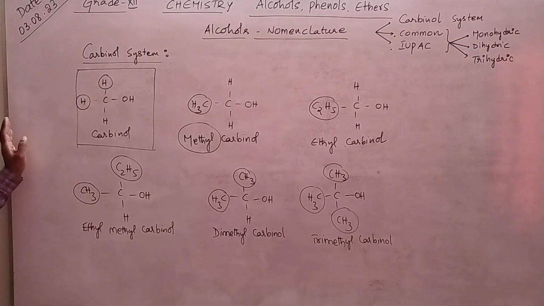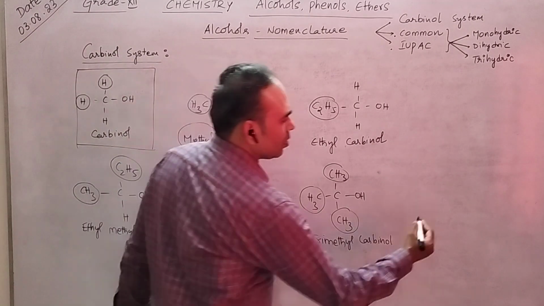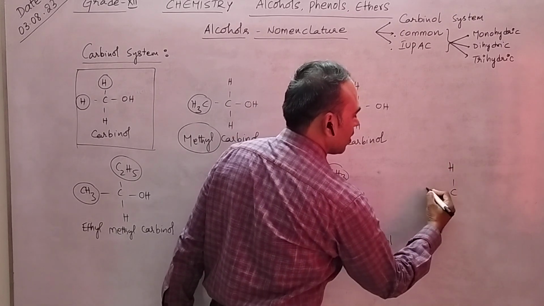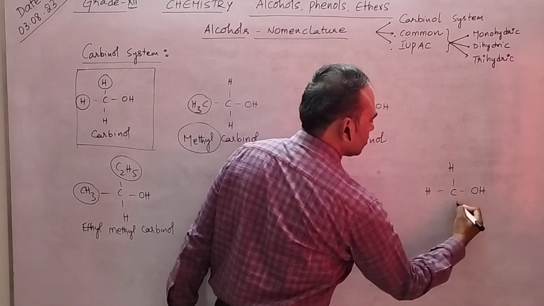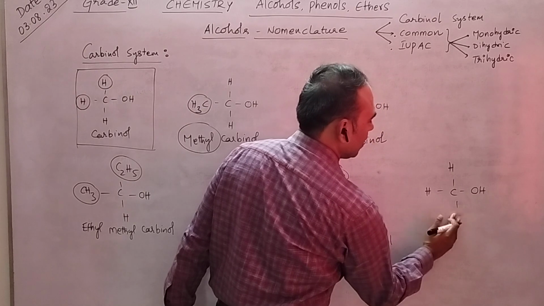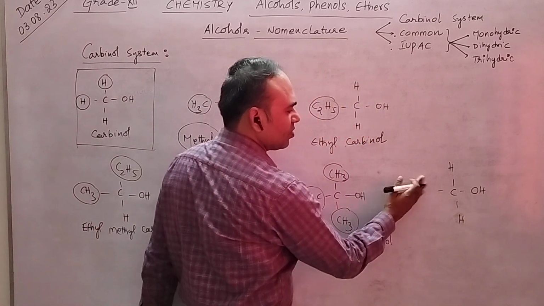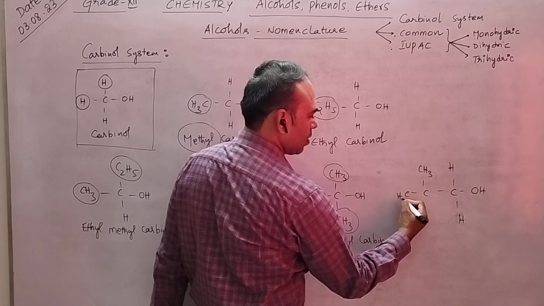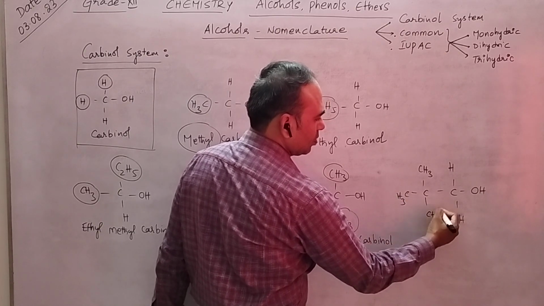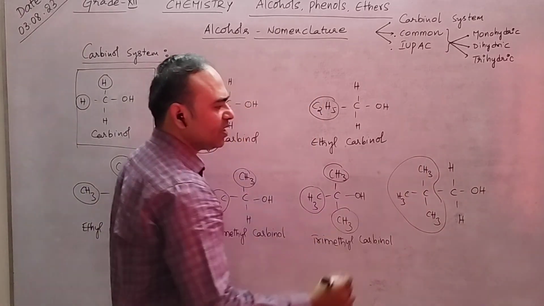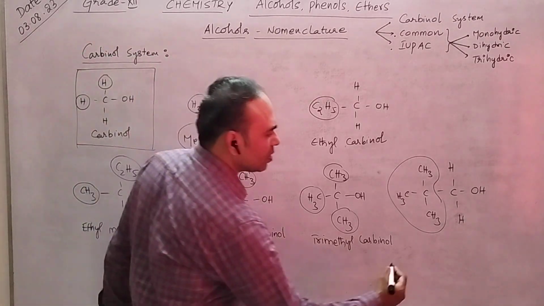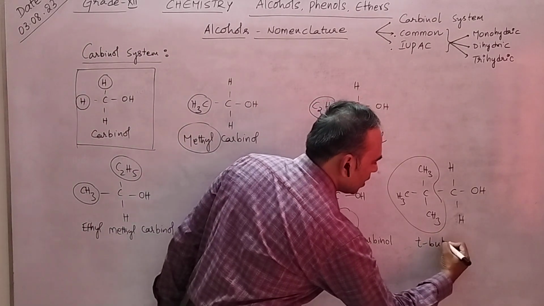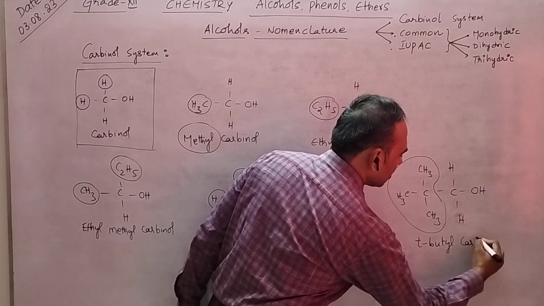Now these are some examples. Let us take a bulky group. This is carbinol. In this carbinol, if I replace one hydrogen with a bulky group, that is tertiary butyl, so I have replaced one hydrogen with the tertiary butyl group, therefore it will become tertiary butyl carbinol.